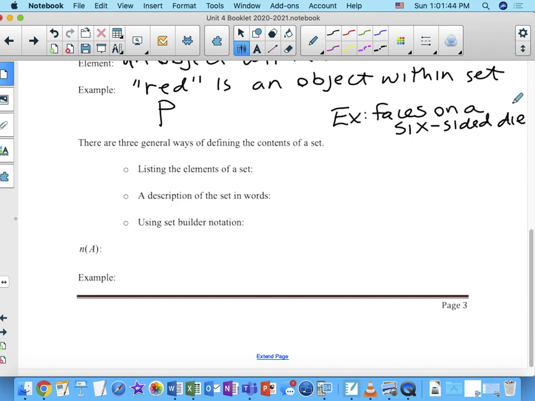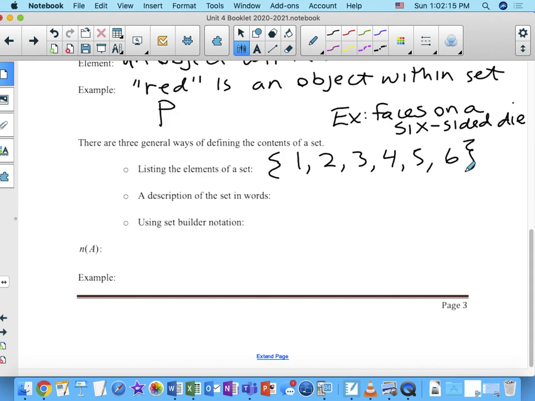Well, one thing that we can do is we can just list all of the different elements that we might see. So if you think about what you might see when you roll a six-sided die, well, we could see the numbers 1, 2, 3, 4, 5, or 6. Okay? So that is one way of defining a set, is just by listing all of the values in the set within the set of curly brackets.